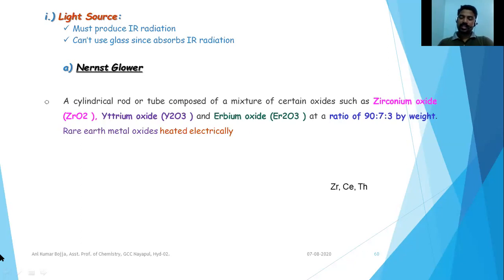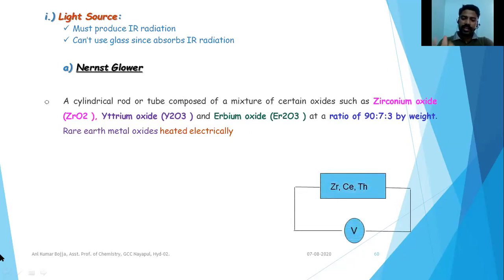These cylinders are used electrically. By providing electricity, the cylinder undergoes heating, and it produces radiation pertaining to the infrared region.